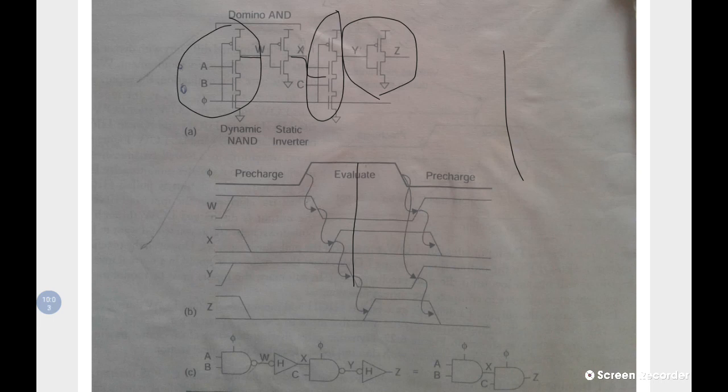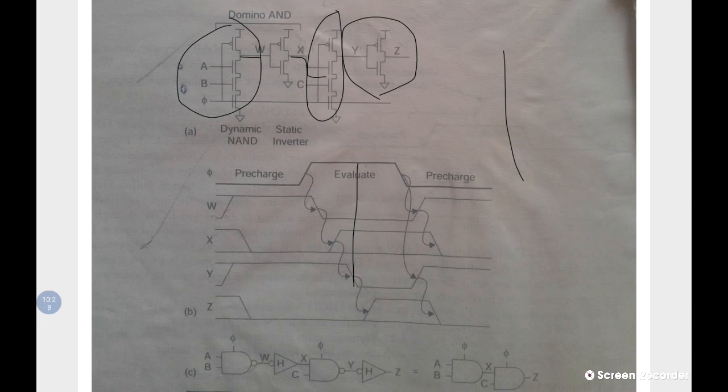Finally, this signal is now the Y signal. During evaluation, your signal is coming from high to low. It produces a high to low output, but it must be recovered with the help of an inverter. So the second inverter will produce the inverted signal. That means Y is inverted in the Z stage.